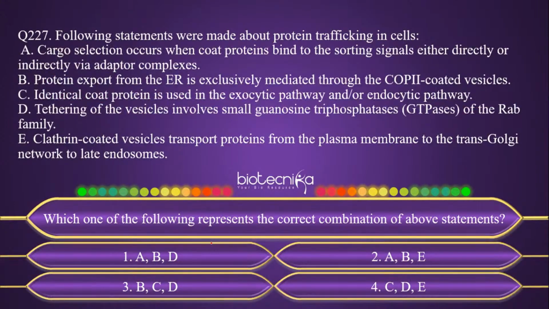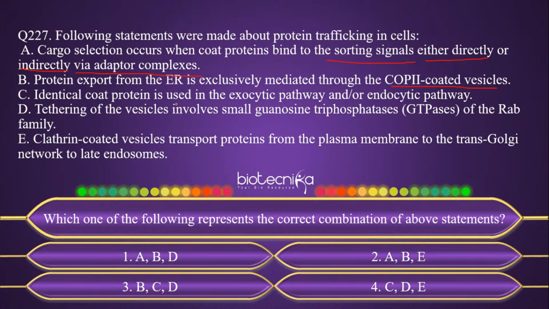Now, the next question: the following statements were made about protein trafficking in cells. A: Cargo selection occurs when coat proteins bind to the sorting signals either directly or indirectly via adapter complexes. B: Protein export from the ER is exclusively mediated through COP2 vesicles.